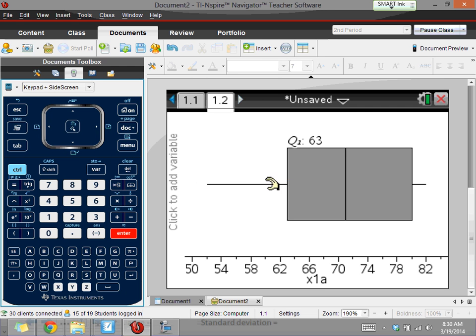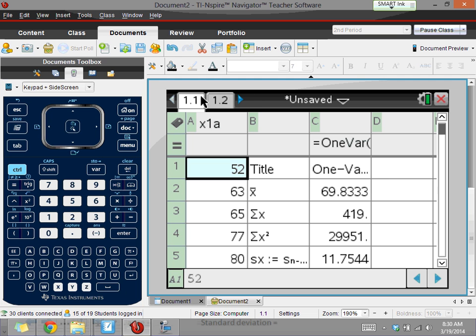Minimum. First quartile. Median. Third quartile. Maximum. The only thing this doesn't tell you is standard deviation. To do standard deviation, you have to do menu statistics.